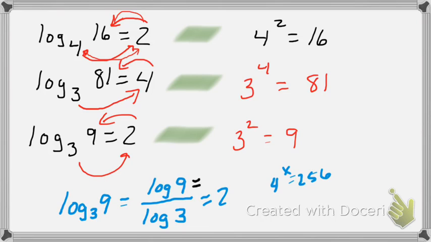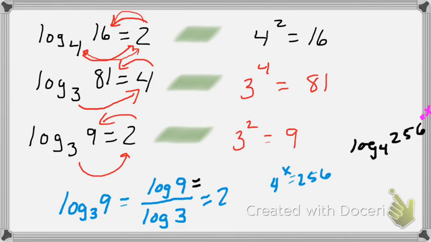See if you can piece it together. What would it look like? Well, we would have log. What would our base be? 4 of 256 equals x.